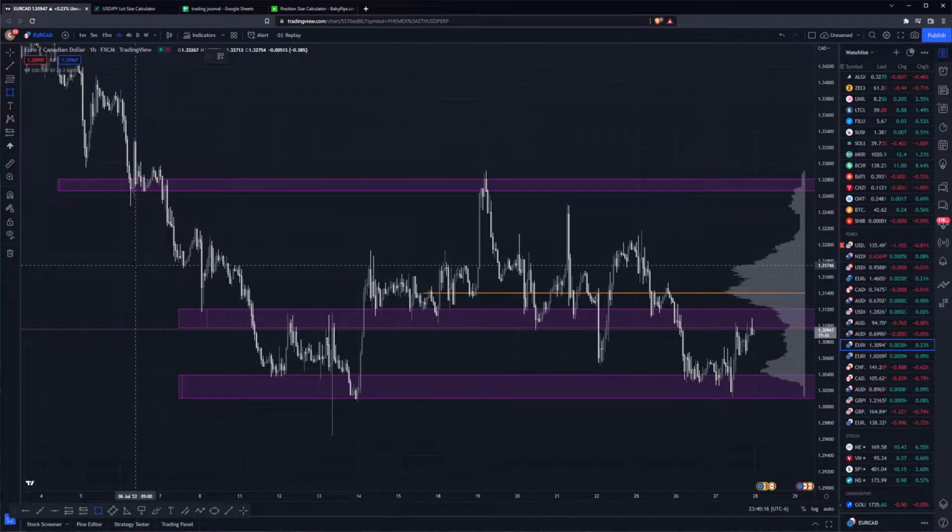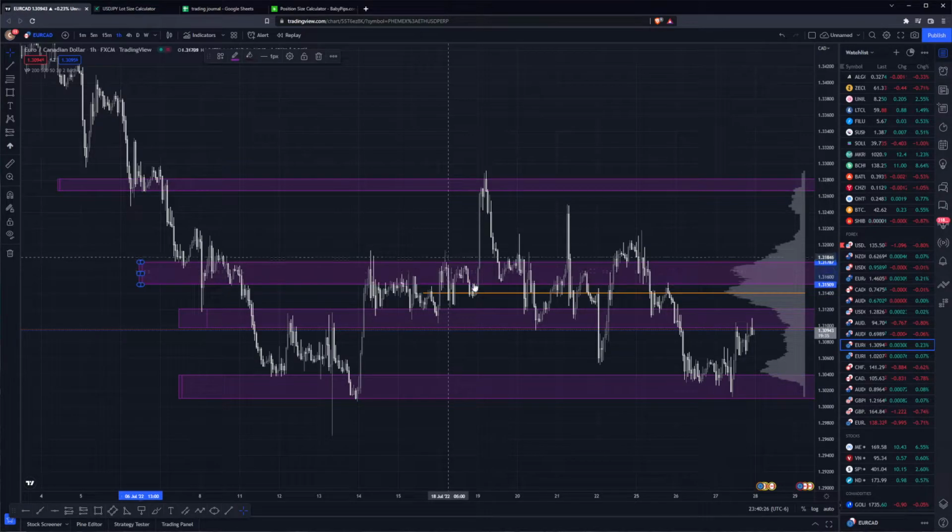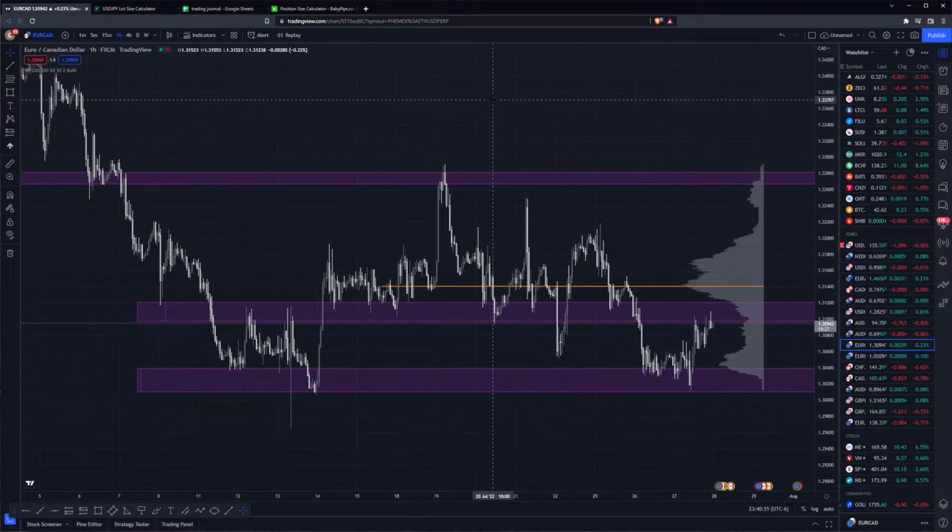And I do think there's some sort of zone in the middle here, but I don't typically like to use those because, as you can see, price just flows in and out of it all the time, so it's not the most reliable zone.